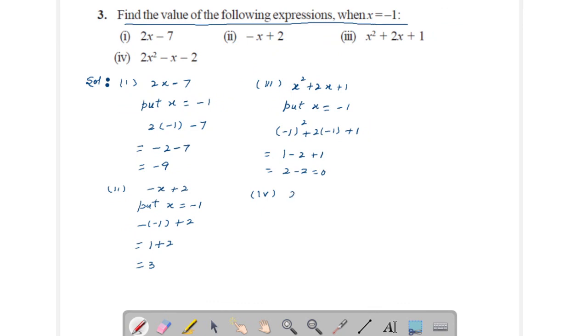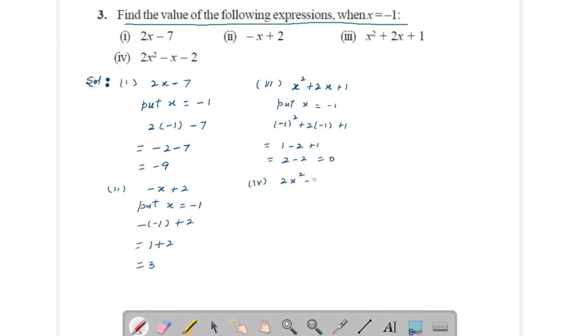Now come to fourth part. It is 2x square minus x minus 2. Put x is equal to minus 1. You will get 2 into minus 1 whole square minus minus 1 minus 2.